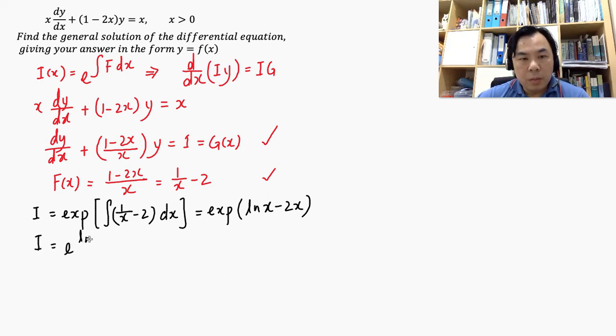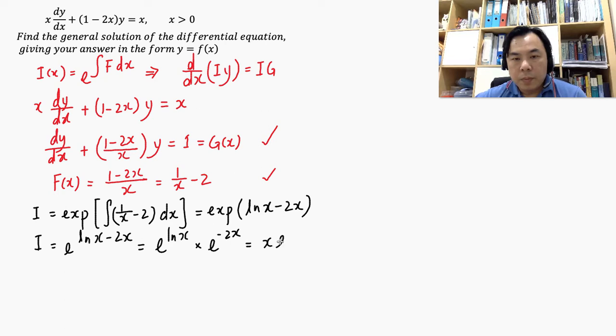That is simply ln x minus 2x. We can actually simplify it as e to the ln x multiplied by e to the negative 2x. And then we know that exponential of ln x is basically just x. Therefore, there you have it. That will be our integrating factor.